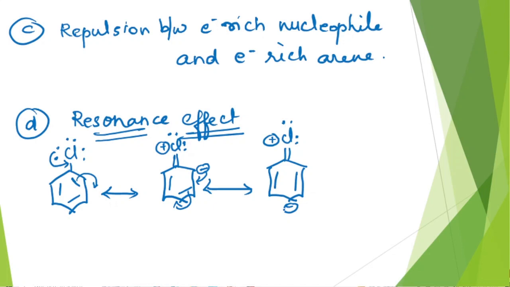Next image will be, you will have the benzene ring again. Your benzene ring will be attached with Cl with a double bond, and here a positive cation will be there. Now you know that this bond will be as it is.